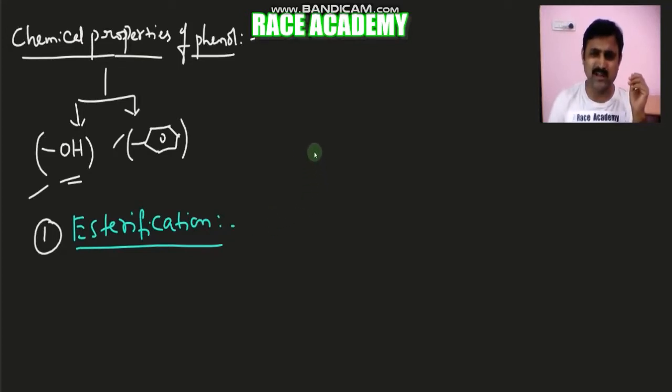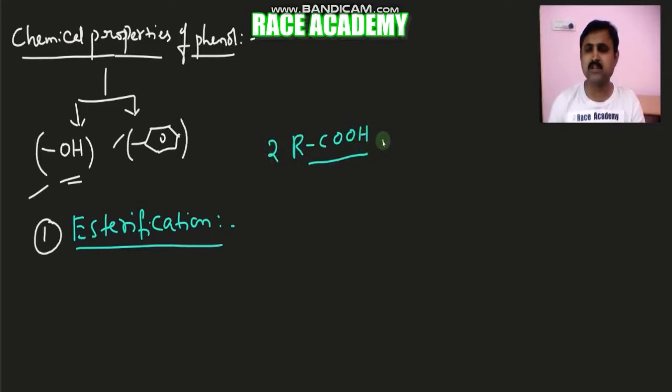Let us see what carboxylic anhydrides actually are. For example, if you write the carboxylic acid formula as RCOOH, its anhydride form means you have to take 2 moles of this and remove a water molecule from it. It will give (RCO)2O after the dehydration.